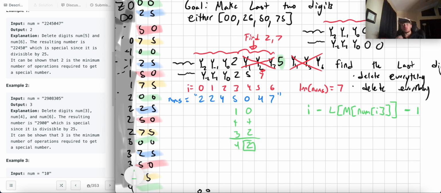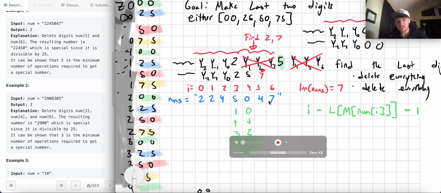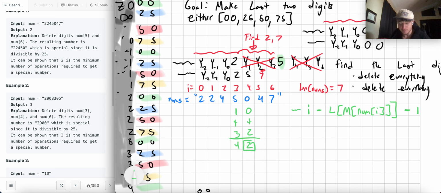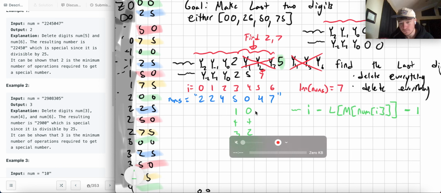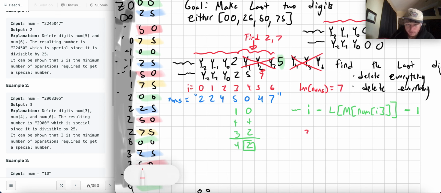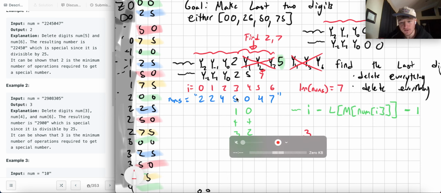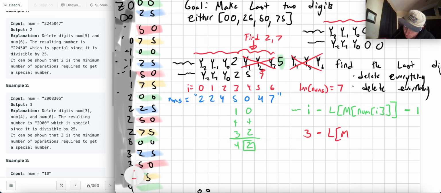Okay, so let's just walk through this recurrence relation to see. This is how many I delete to the left, that's this top part. So let's look at it from the example of this. Here I is 3. And I'm going to subtract the last time I saw the match for nums of I. So let's walk through this one step at a time.